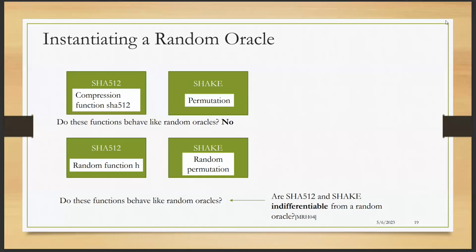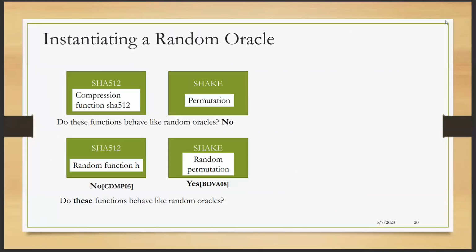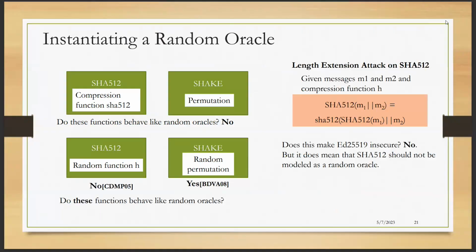So we can evaluate the structure in the indifferentiability framework, which was first designed for checking whether hash functions can be safely modeled as random oracles. There are existing results for both of these functions, and what they say essentially is SHAKE can be safely modeled as a random oracle, but SHA-512 can't. And that's because of the length extension attack, which is pretty well known and applies to all Merkle-Damgård hashes, of which SHA-512 is one.